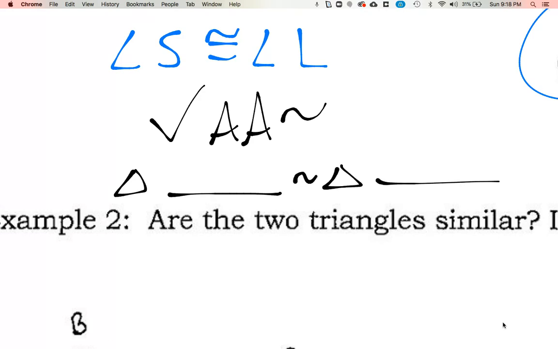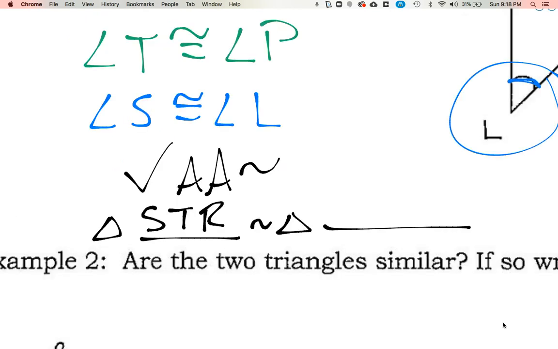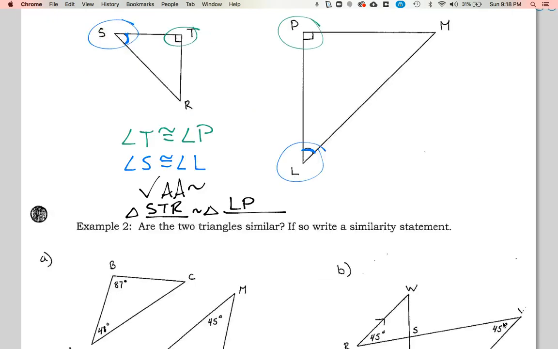Because of angle, angle similarity, we can say that triangle STR goes with, now look, we already paired up S with L. So S goes with L. We already know that T goes with P. So it means R goes with M.